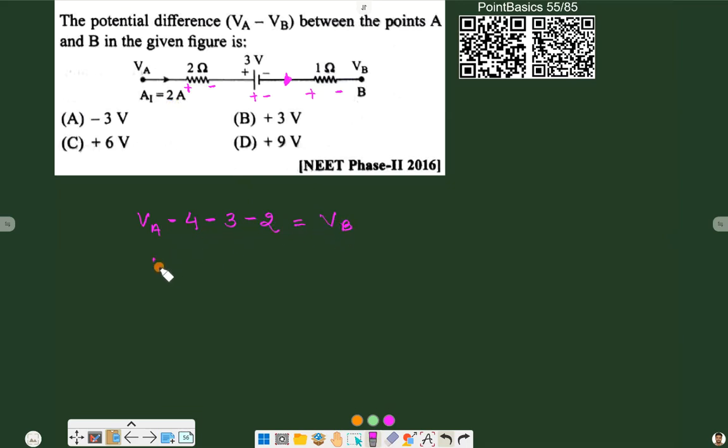So VA minus 9 is equal to VB, and VA minus VB is equal to 9. So option D will be the right answer. Moving to the next one.